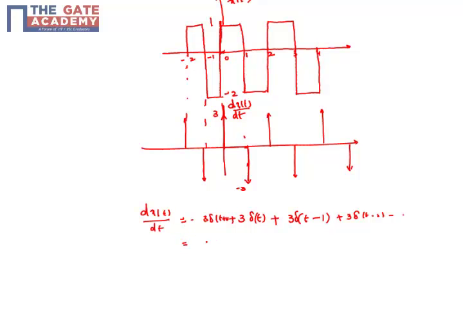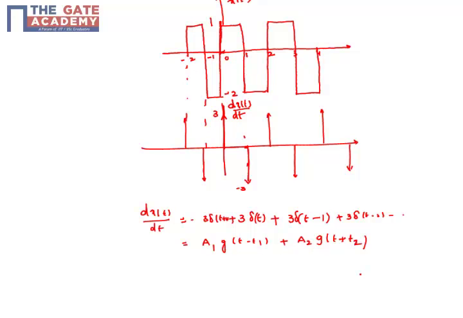So finally, this is a combination of two. I can represent this with some a1 into g of t minus t1 plus a2 into g of t plus t2. In the problem he has given g of t is an impulse train. You see here, g of t equal to sum of delta of t minus 2k, right?